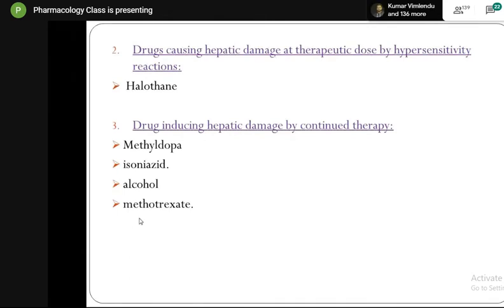There are also drugs which can cause hepatic damage at therapeutic doses by hypersensitivity reaction. It was clearly mentioned among the three types of hepatotoxicity that one type is the immunogenic type. The drug causing such a hepatotoxic effect by hypersensitivity reaction is halothane. Halothane, you're perhaps not familiar with this drug. It belongs to the general anesthetics, which are administered before major surgeries.